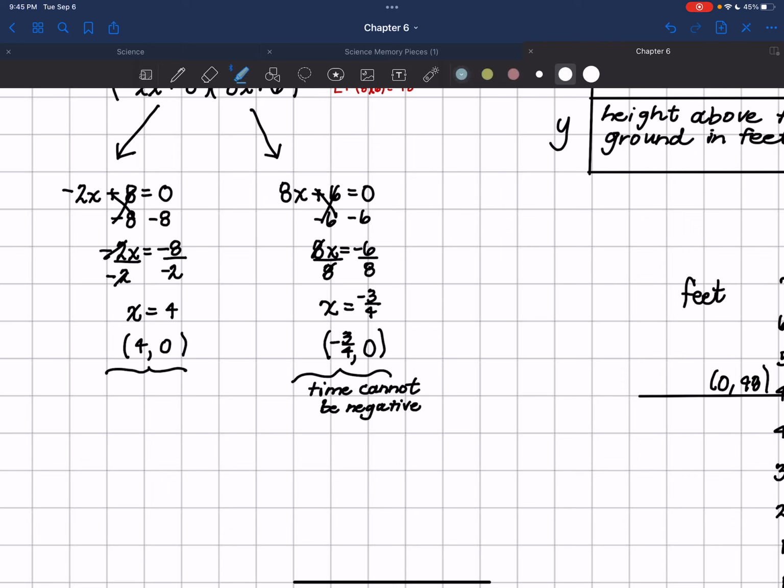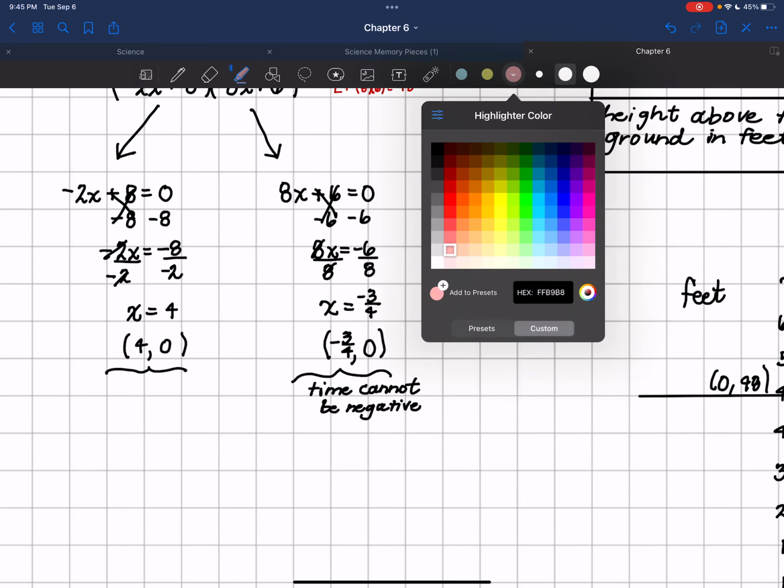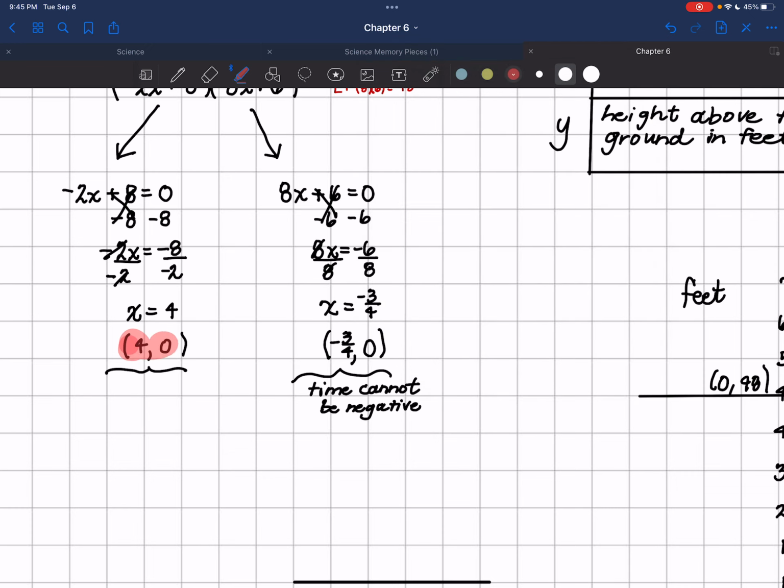So it's telling me that when this is true, this ball, the red ball, hits the ground at 4 seconds. So which ball hit the ground first?